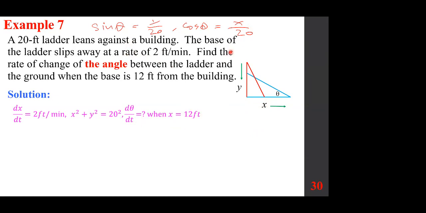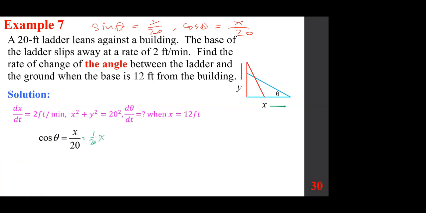So we're going to use this one, and we're going to differentiate both sides. Cosine theta is x over 20. The derivative of cosine is negative sine theta d theta/dt. And the right side, class, if it helps, rewrite it as 1 over 20 times x.